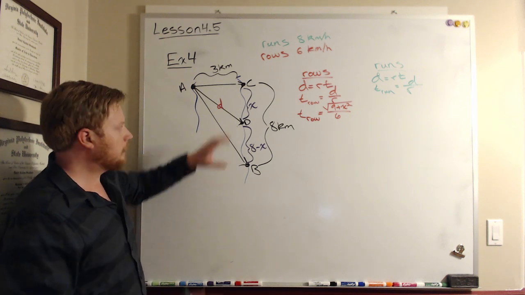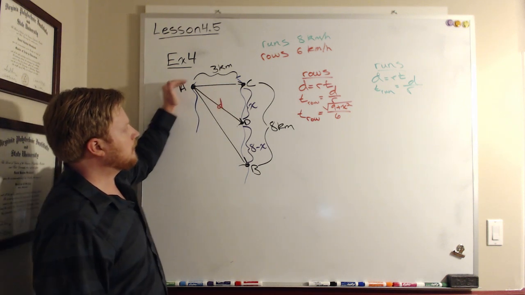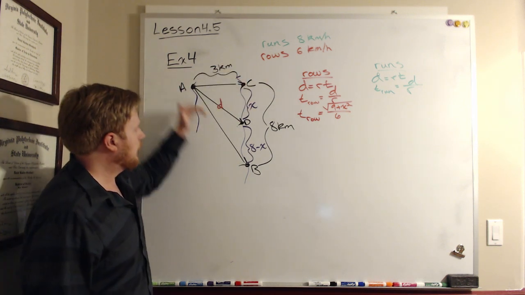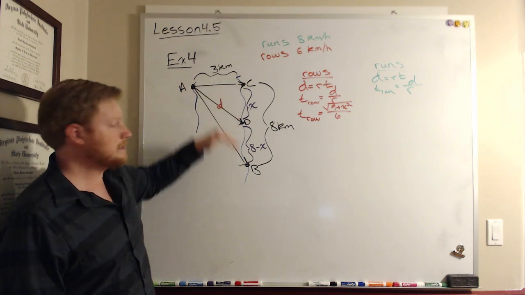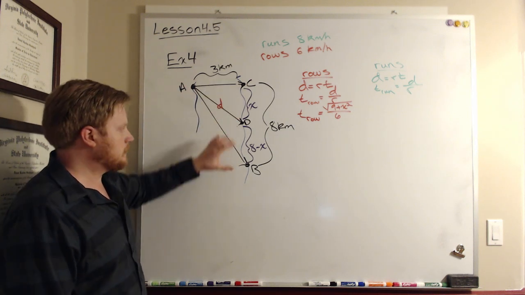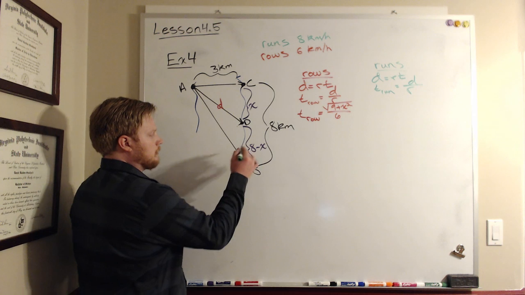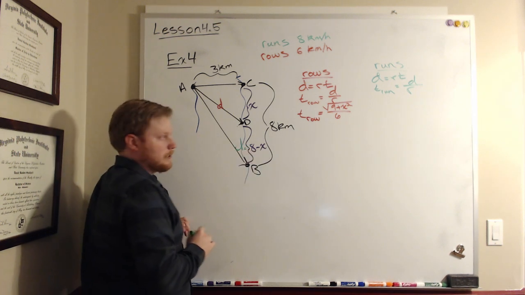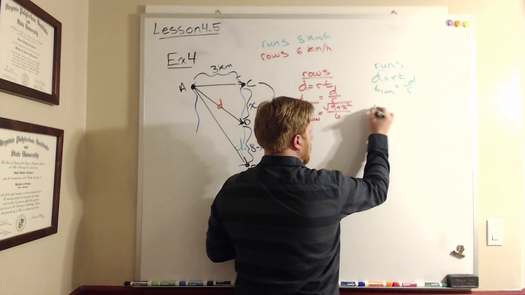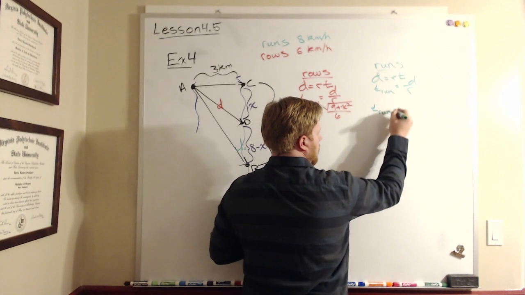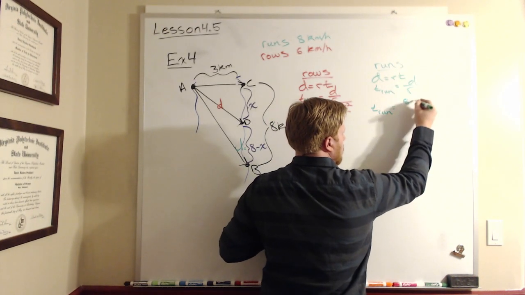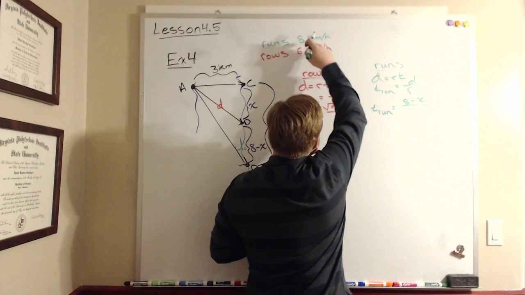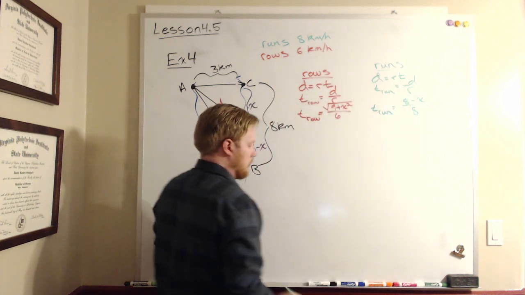But we want to account for the fact that he might not be rowing directly across the river and then running. He might be rowing to some point between C and D and then running the rest of the way. So the distance that he runs is 8 minus x, and the time it takes him to run is 8 minus x over the rate, which is 8.